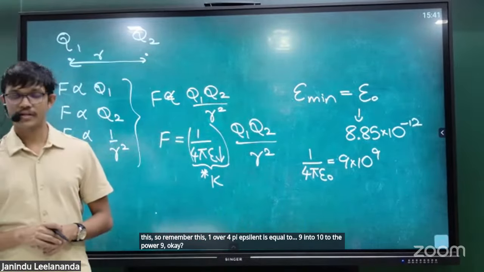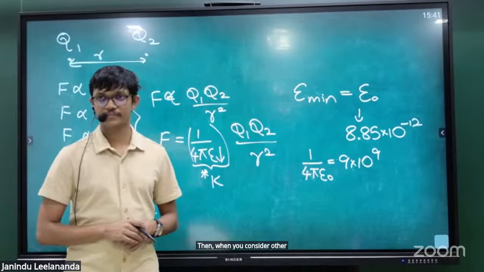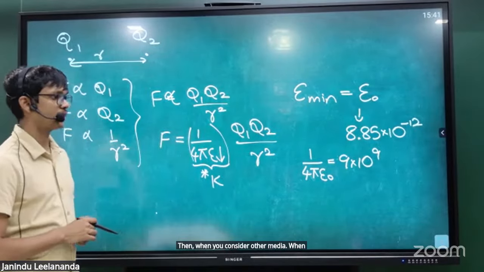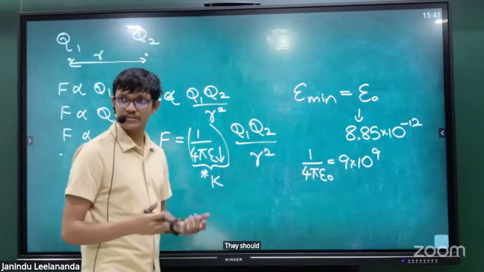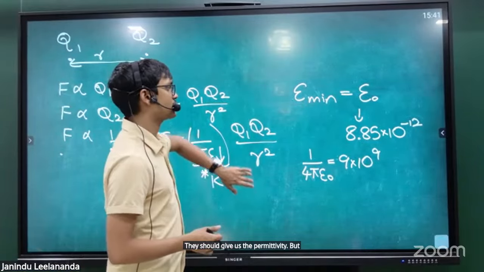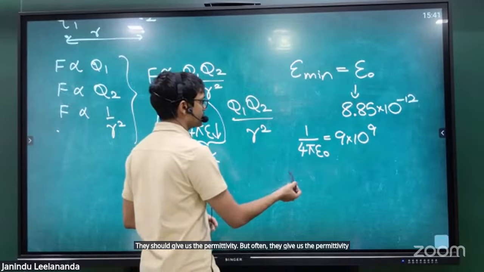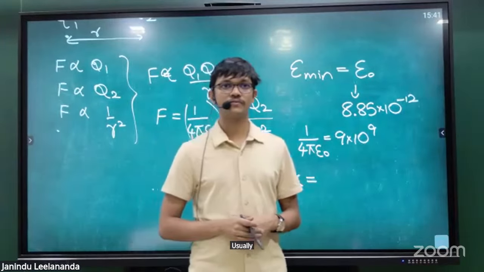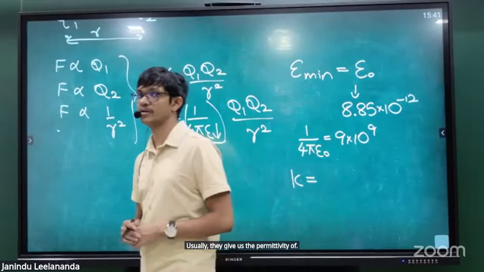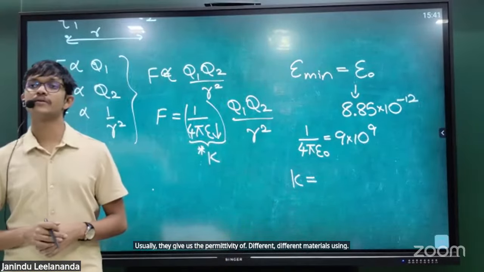Then when you consider other media, other types of materials, they should give us the permittivity, but often they give it using the relative permittivity. Just like they gave us the relative density, usually they give us the permittivity of different materials using relative permittivity.